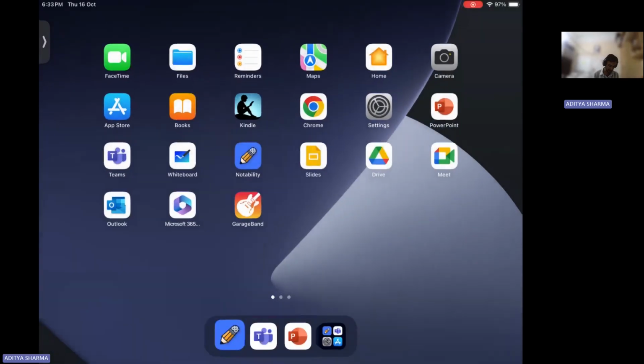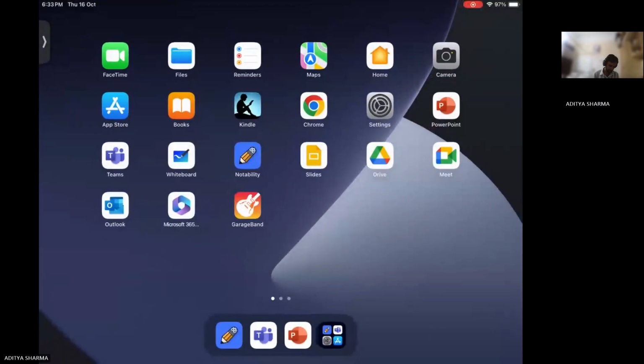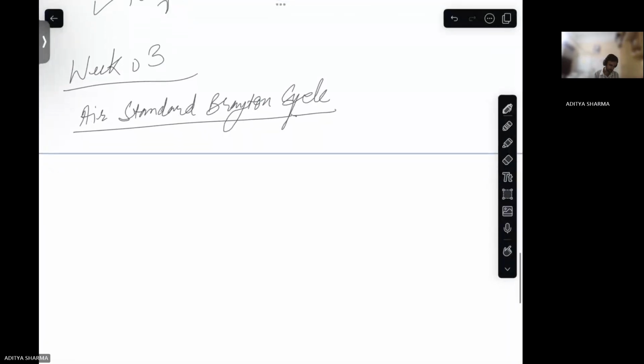Heat and work interactions have been discussed.